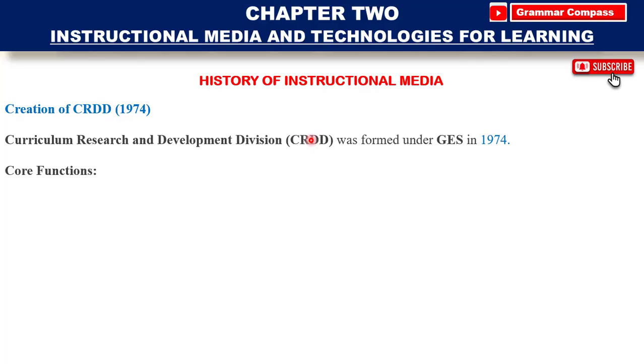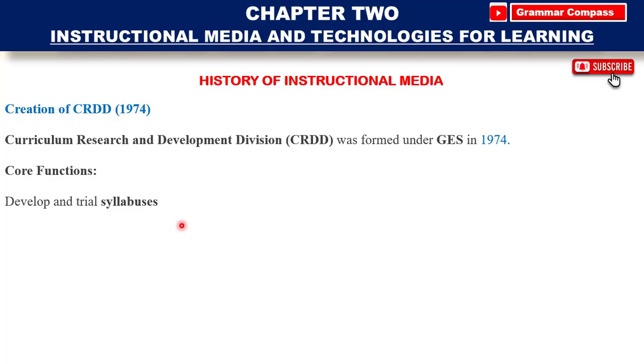So what were their functions? One of them was to develop syllabus. So one of their major roles was to create new syllabus for schools, and not just create them, but also trial them in real classrooms to see what worked and what didn't.